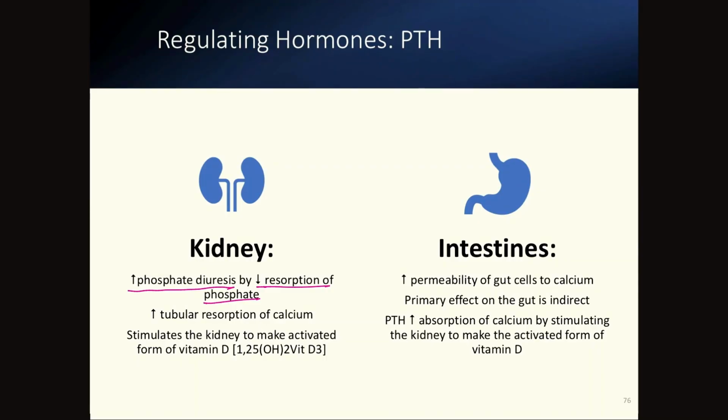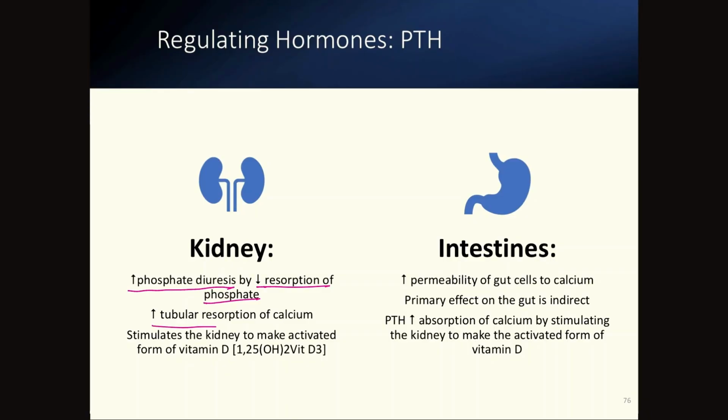We don't want that extra phosphate. We want the calcium, but as a consequence, the phosphate comes along for the ride. So we have to do something with it. So we kick it out of the kidneys and we get rid of it. So by PTH also dealing with increased excretion of phosphate, it allows the PTH to do its job, only raising calcium in the blood. The phosphate we just pee out.